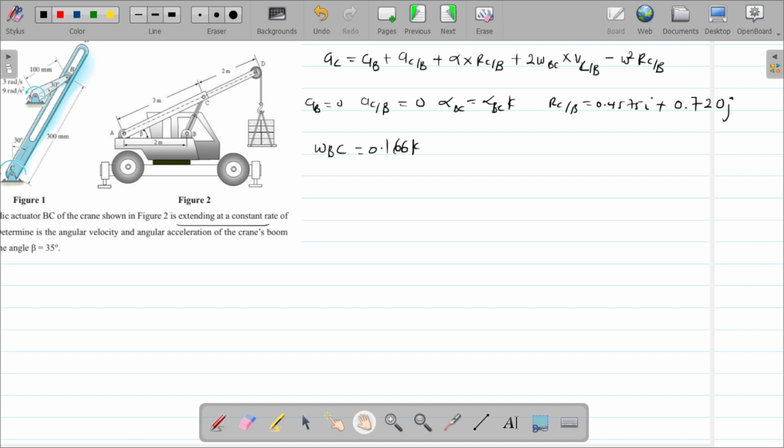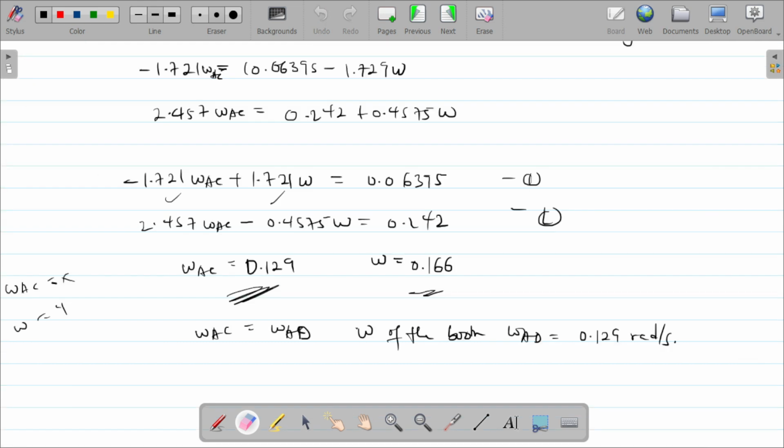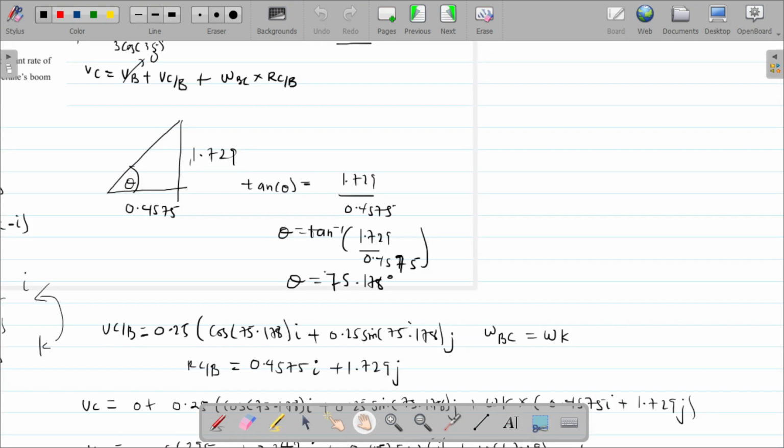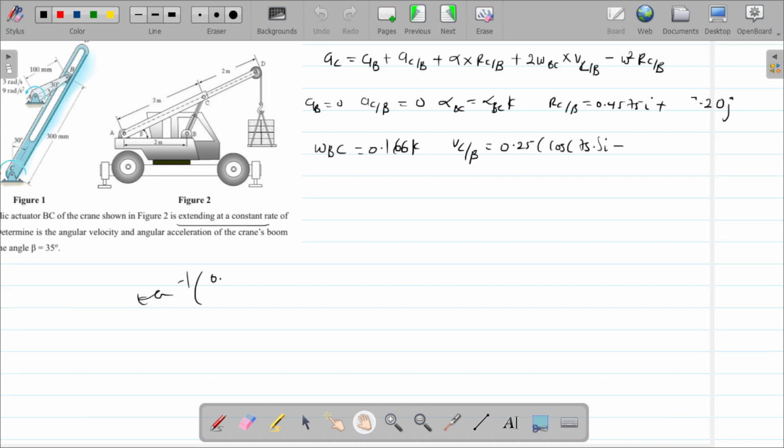What else? V of C relative B, that was 0.25 cos 75 I. I'm coming. So tan inverse of 1 point... Oh, see, I nearly made a mistake again. There's 1.720, right? I want to find the angle again.